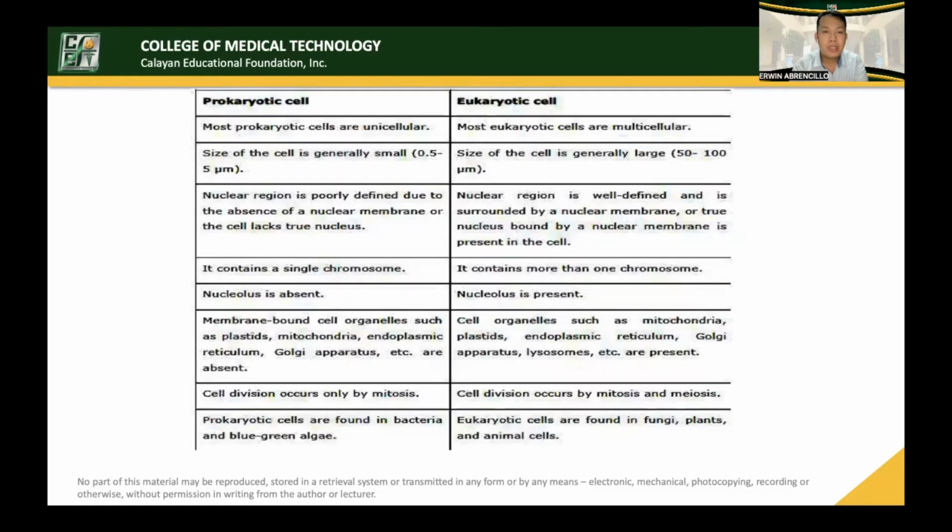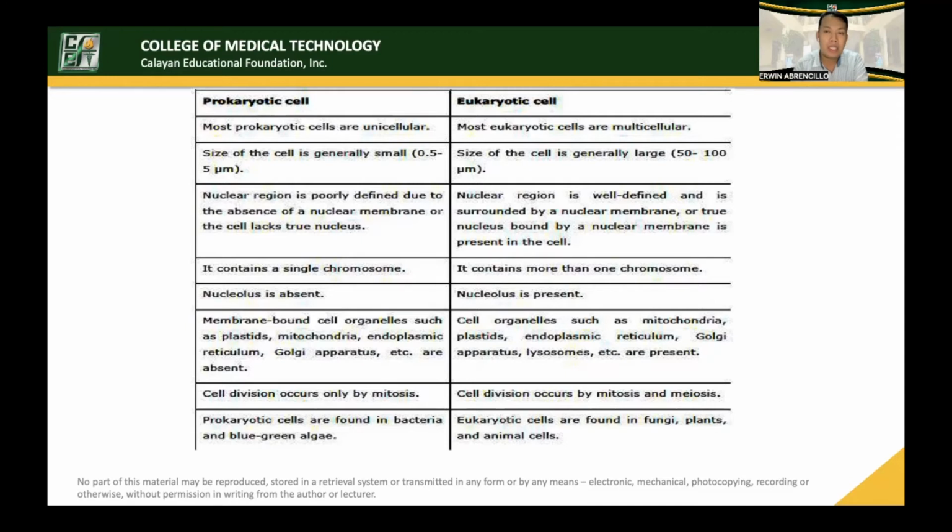So these are some of the highlights of prokaryotic cell and eukaryotic cell, showing the differences of the two. Prokaryotic cells are unicellular, meaning they exist as a single cell. Meanwhile, most eukaryotic cells are multicellular.